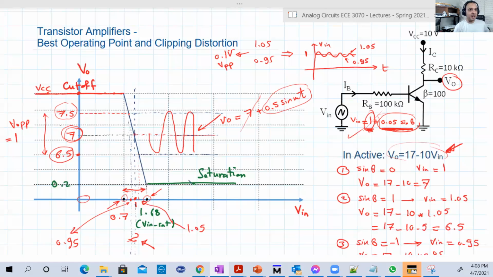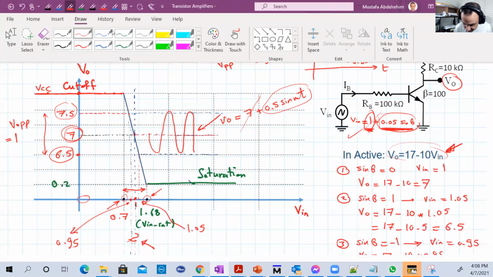But what is the best point? What is the best DC input, and what's the best DC output, we can say. So I'm going to answer this in a counterintuitive way. Let's change the color.